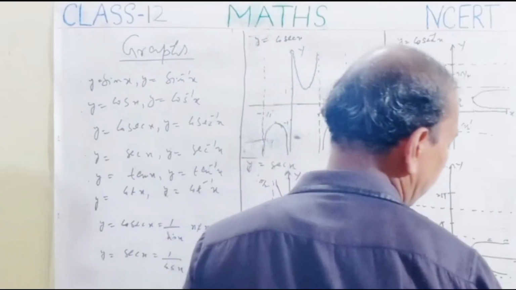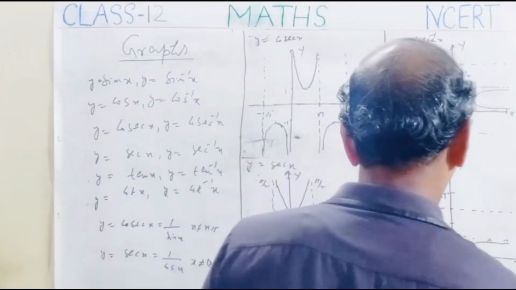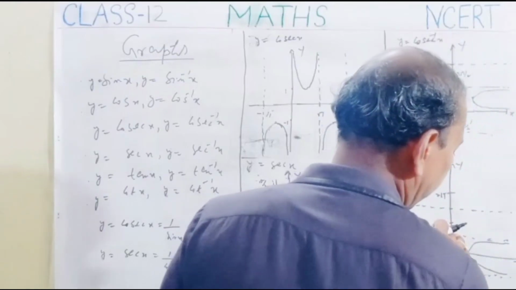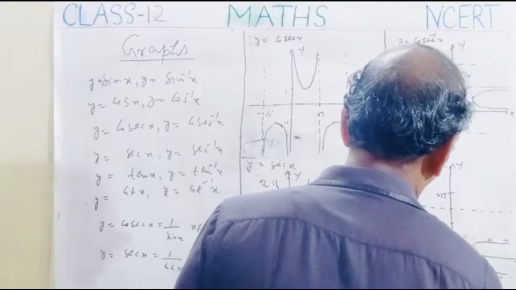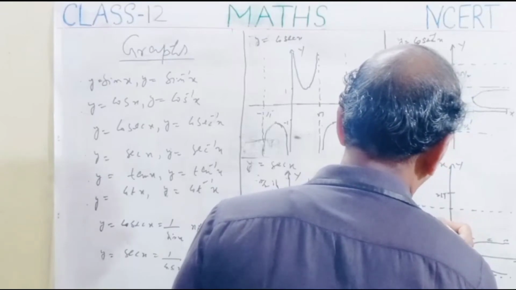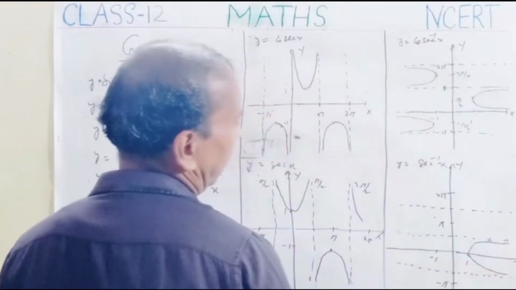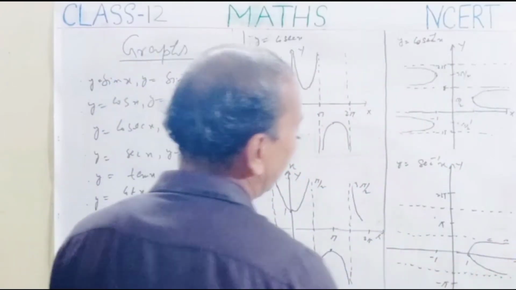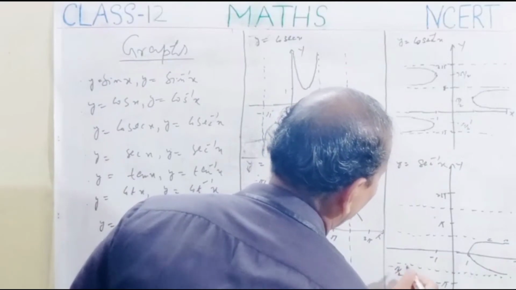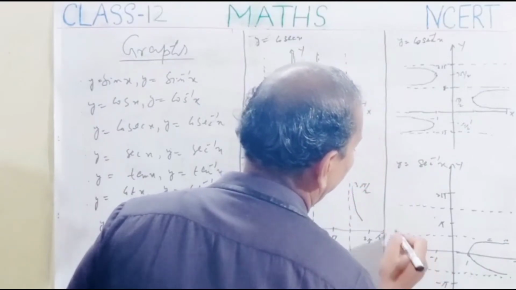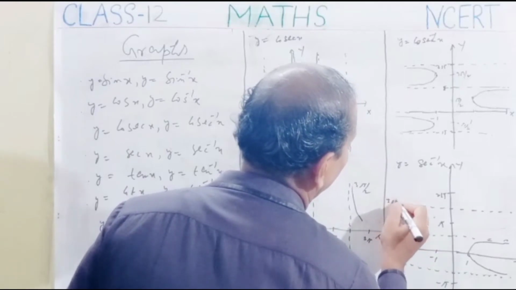Now the next one is at pi. What is the value at pi? Here the value at pi is minus 1, but it is not defined at some points. See, I am writing their points here. This is minus pi by 2, this is your pi by 2, then this is your 3 pi by 2.